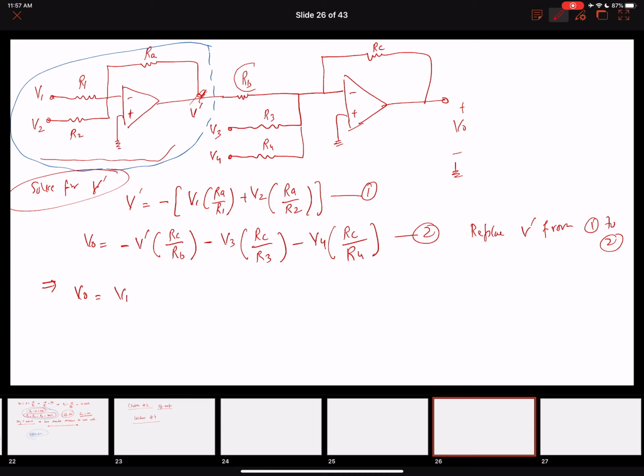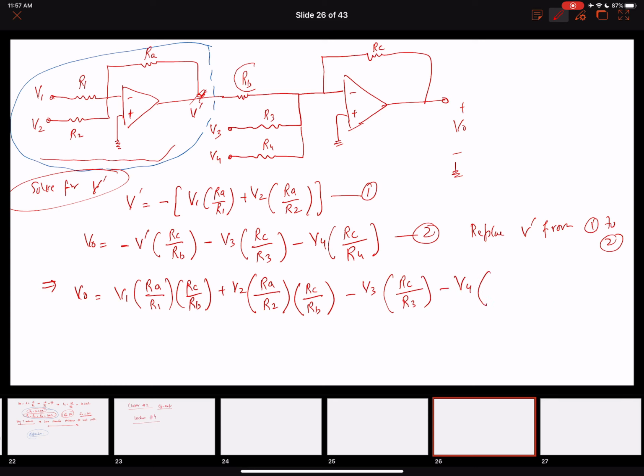So we're going to get V1, and we are going to multiply this by the factor RC over RB. So V1 RA over R1 into RC over RB plus V2 RA over R2 into RC over RB minus V3 RC over R3 minus V4 RC over R4.